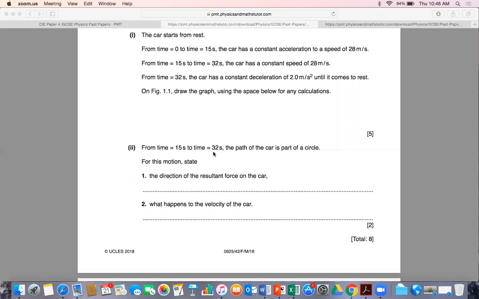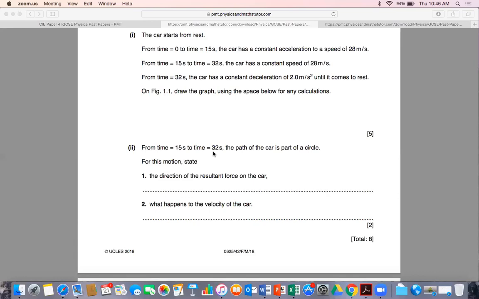No, because they're going around the roundabout, right? The speed is the same, but what does the velocity do?